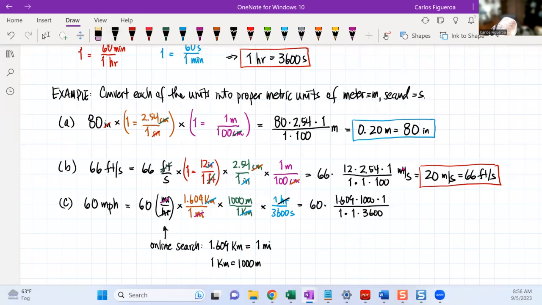And this will now give me units of meters per second, which gives me 30 meters per second is the same as 60 miles per hour.